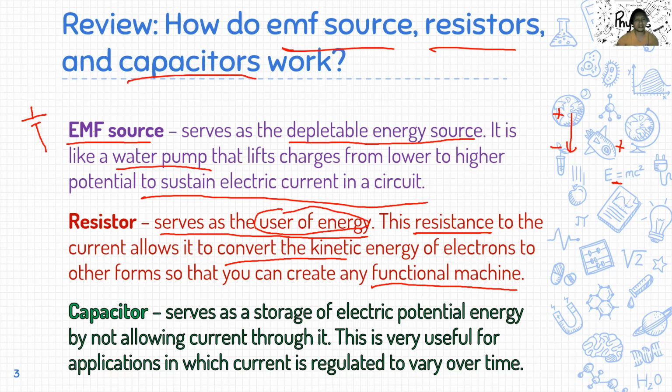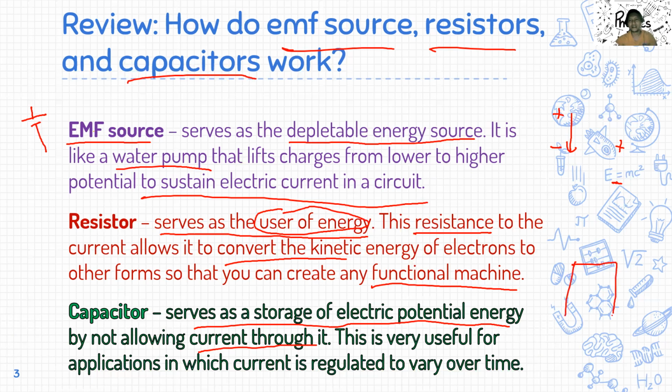Now what is this capacitor? The capacitor serves as a storage of electric potential energy by not allowing current through it. Current does not flow, charges do not flow inside your capacitor. What happens in the capacitor is it just polarizes. The positives face one side and the negatives face the other side.